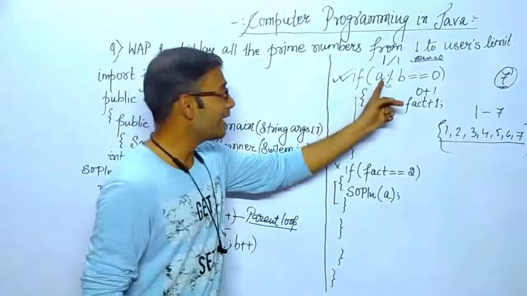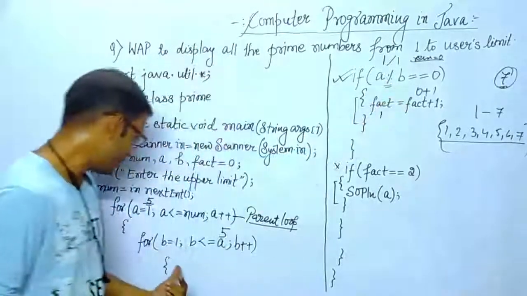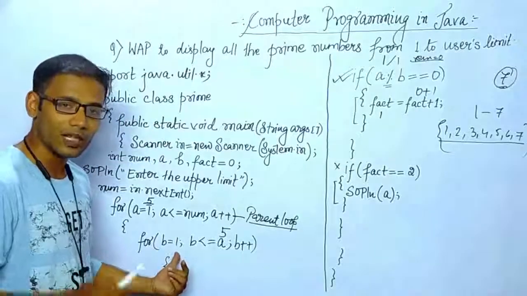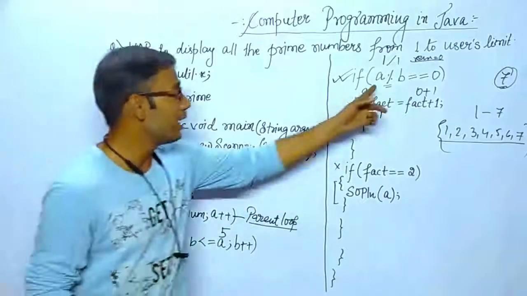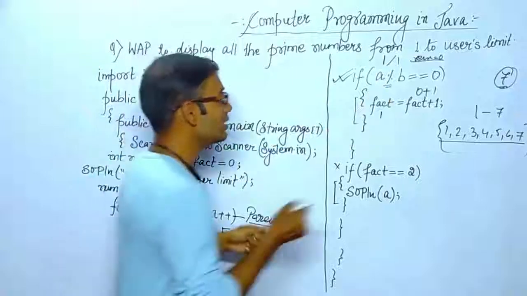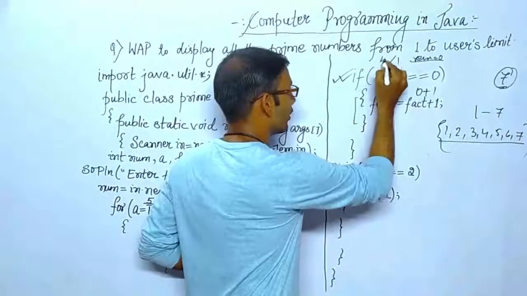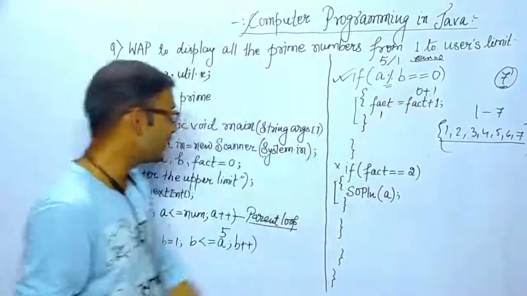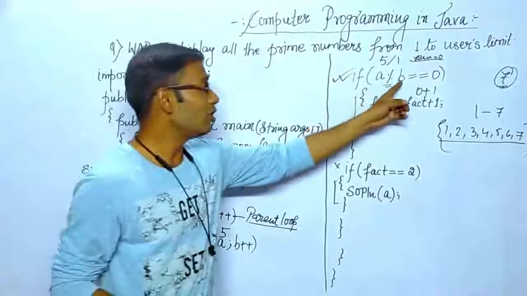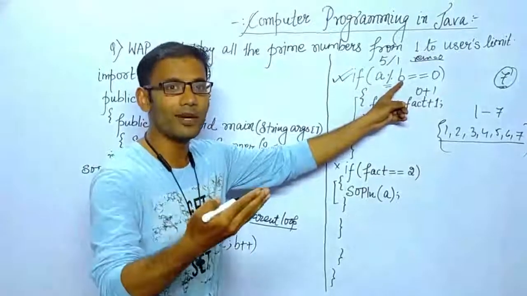That means every time a will be divided by the value of b, whatever the value of b will be. At the very beginning a is 5, and 5 will be divided by b. Beginning value of b is 1. Later on the value of b will become 2.